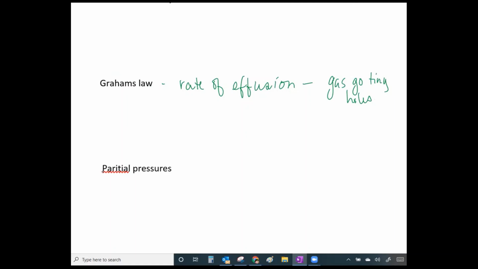It's still inflated, but some of that helium has been able to escape through teeny tiny holes. And the rate of effusion, basically the larger the molecule, the slower the rate.